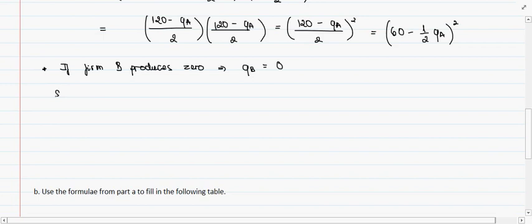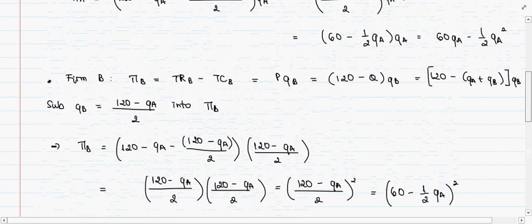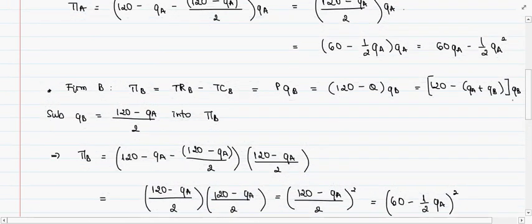So if we substitute QB equal to 0 into the profit function for firm A that we found earlier, we are going to get profit pi M, which is the profit for monopoly. So in this case, firm A will become a monopoly because firm A is the only firm who is producing in the market.